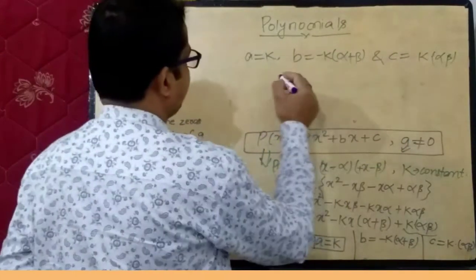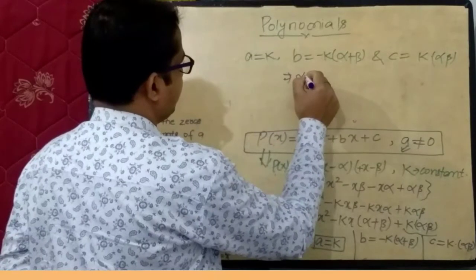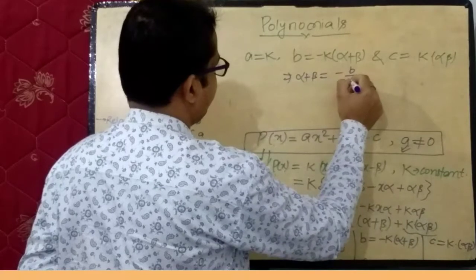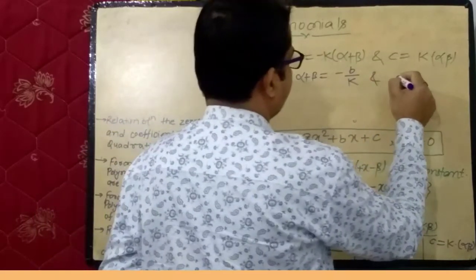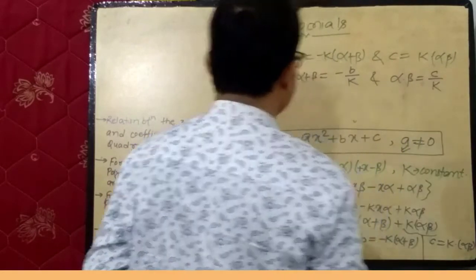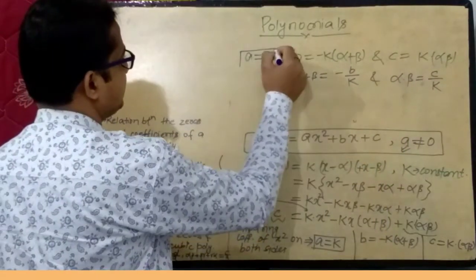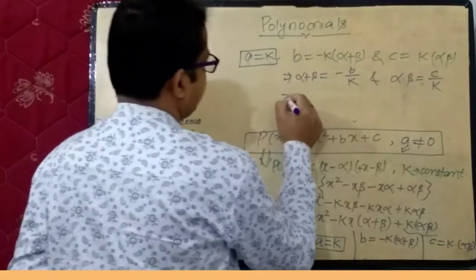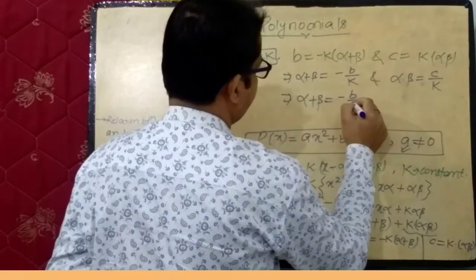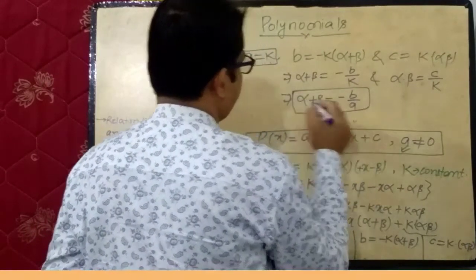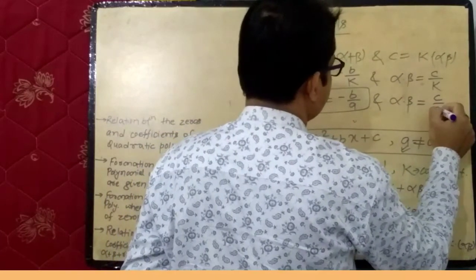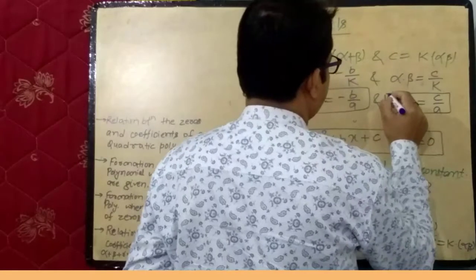Now can we write this as alpha plus beta equals minus b by k, and alpha into beta equals c by k, where k equals what? Here k equals a, that is alpha plus beta equals minus b upon a, and alpha into beta equals c upon a.